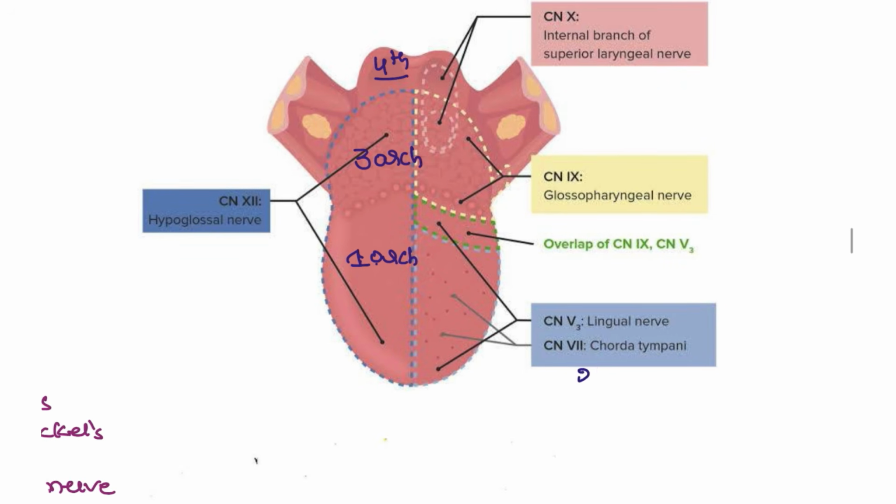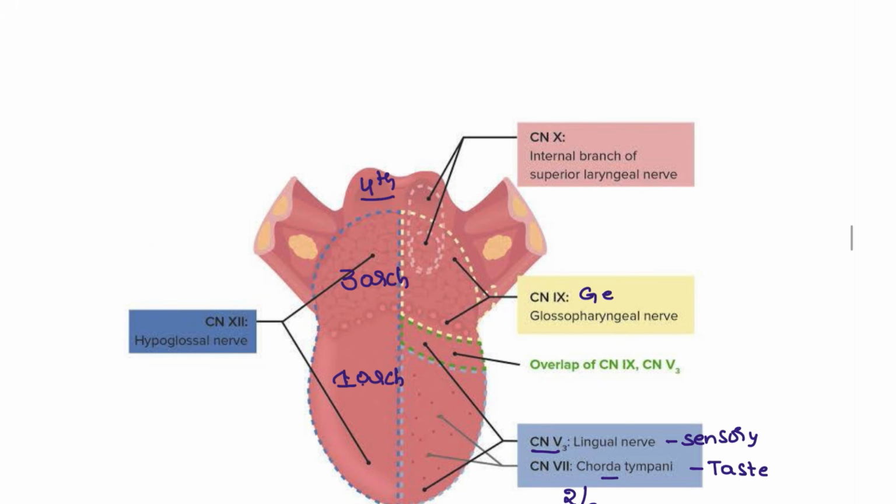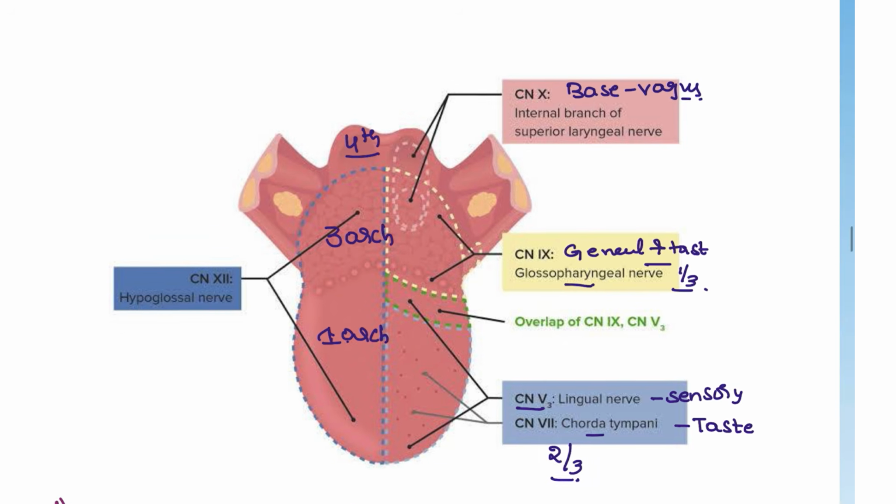The anterior two-thirds, that is the sensory, is supplied by the lingual nerve for general sensation, and for the taste, chorda tympani. Both general sensation and taste are supplied in the second one-third by the glossopharyngeal nerve, and the base is mostly supplied by the vagus. Okay, this is the importance of the tongue and its branches.